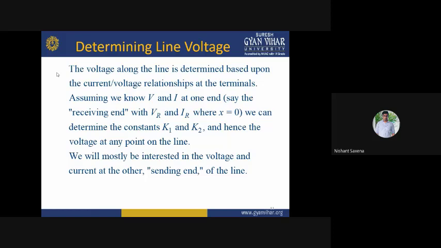We will mostly be interested in the voltage and current at the sending end of the line.